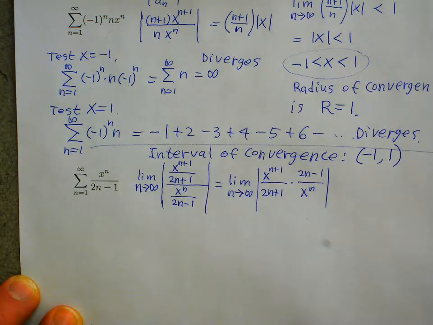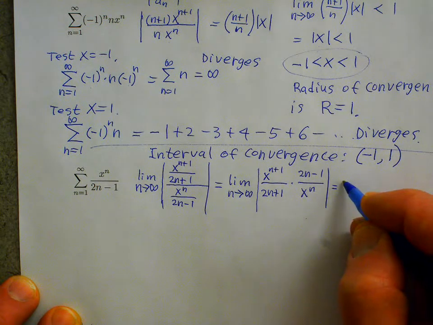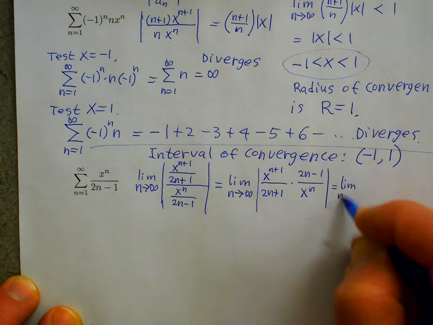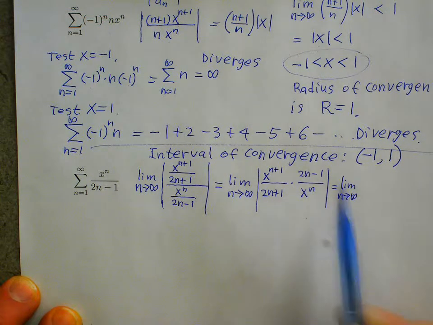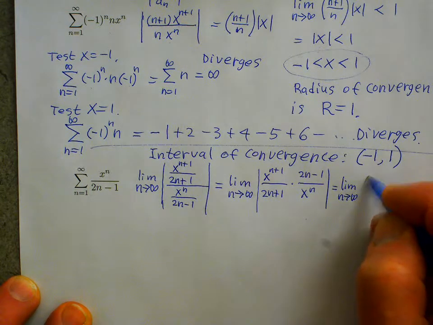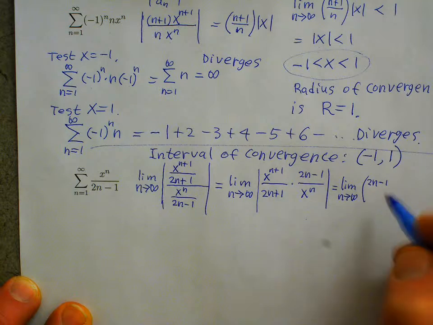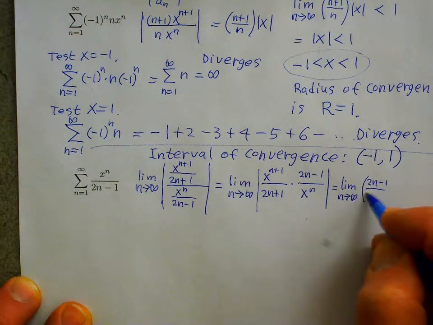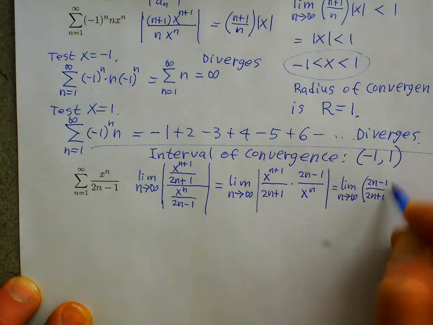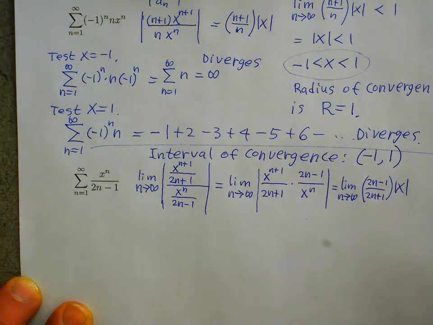So we're going to get the absolute value of x again. And then the 2n minus 1 divided by 2n plus 1 will always be positive, so we don't need it inside the absolute value. And we want this limit to be less than 1.